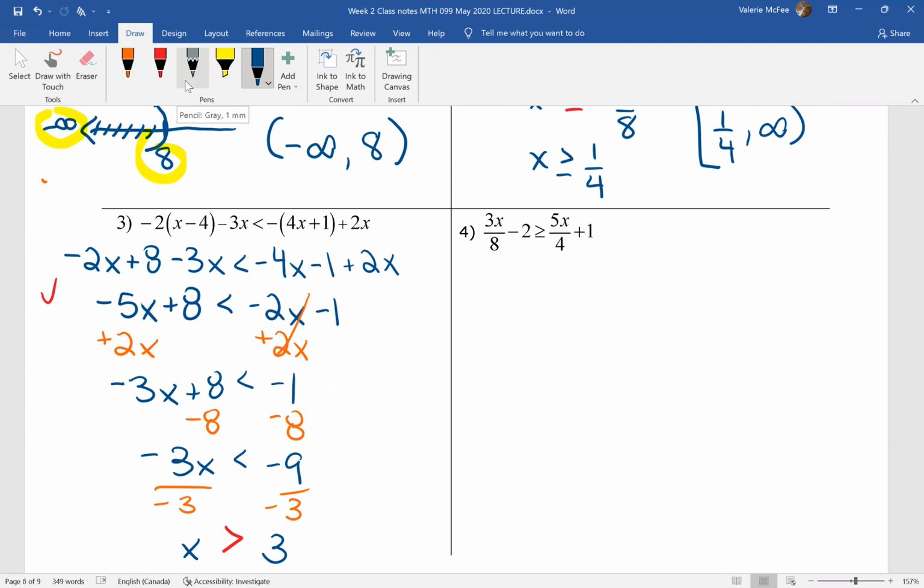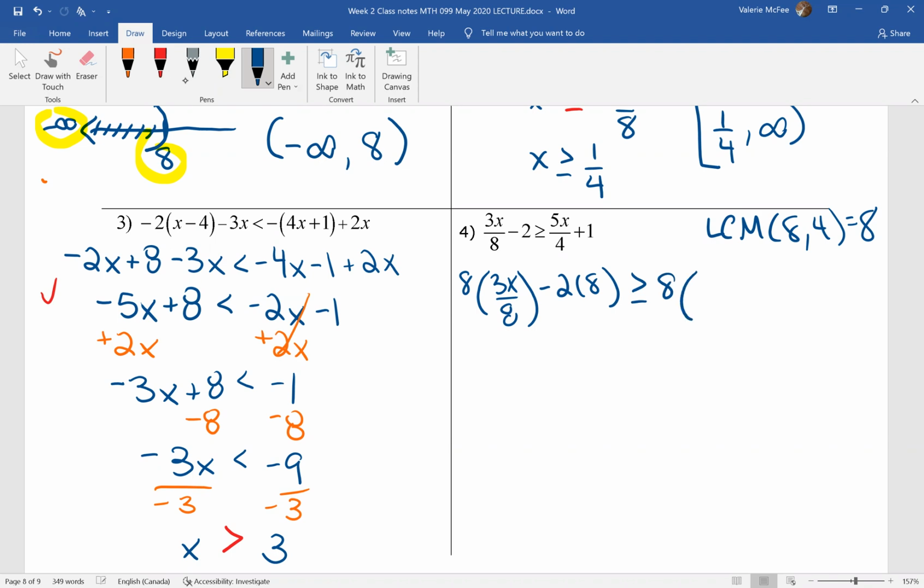We have fractions, so we can multiply by the lowest common multiple of our denominator. Because remember, we are just solving this like we solve equations. We just have an inequality symbol in the middle instead.